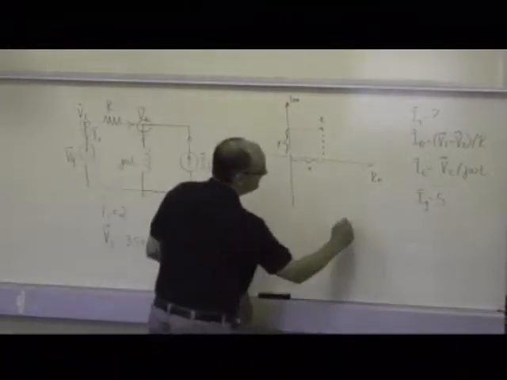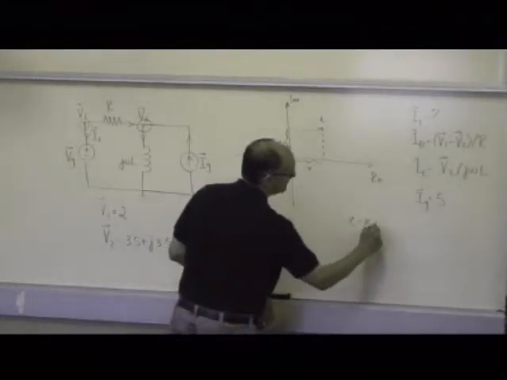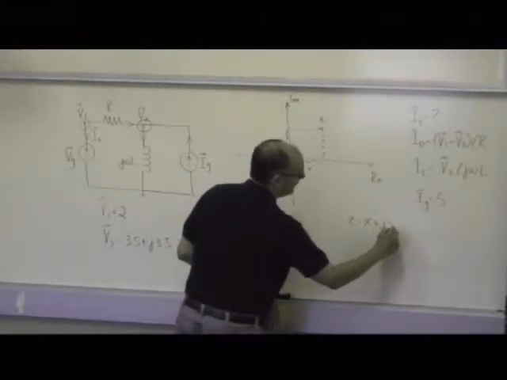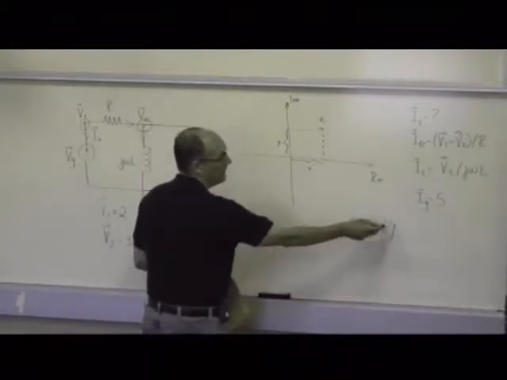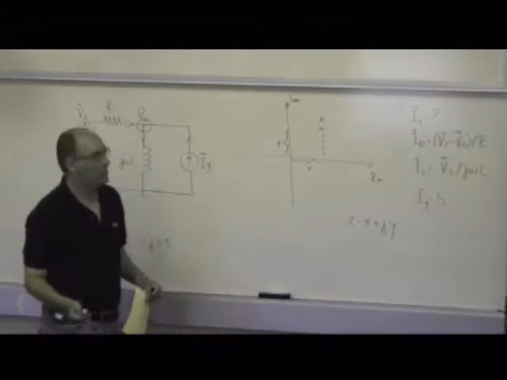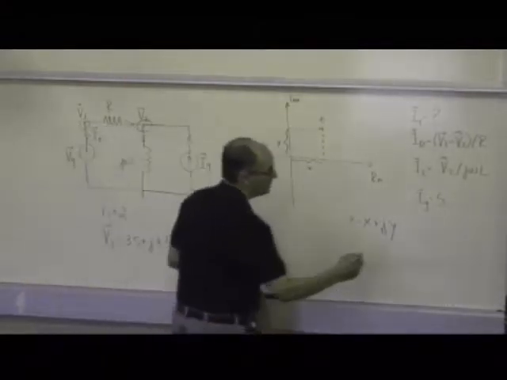So one way is to say that x plus jy equals z, where this is known as the real part and this as the imaginary part. That's the so-called Cartesian form.